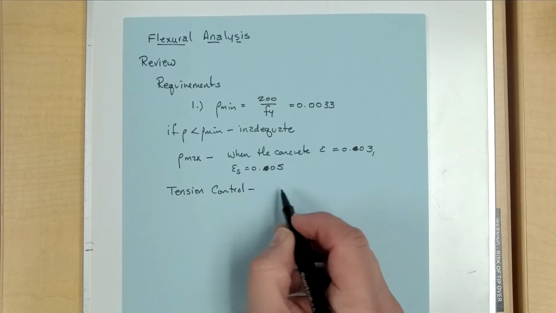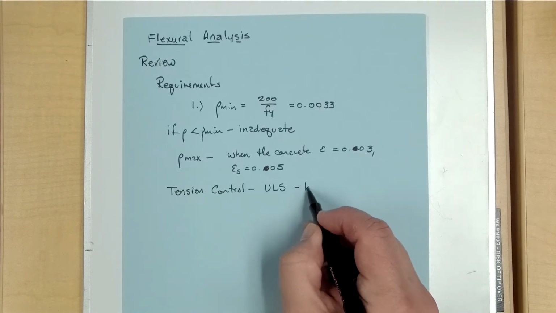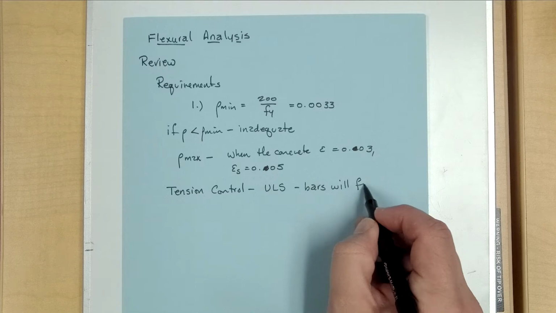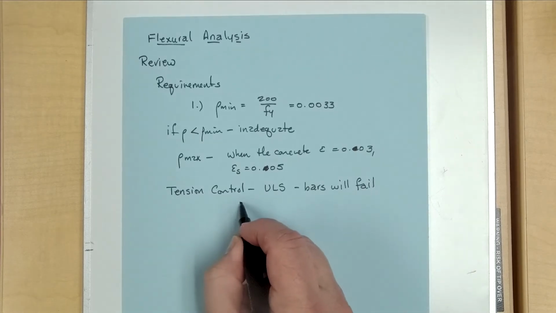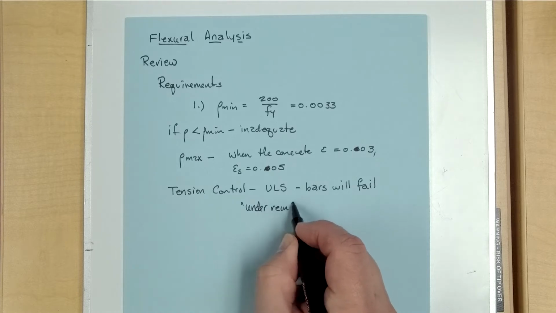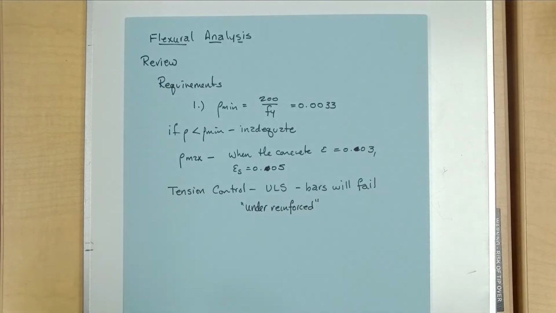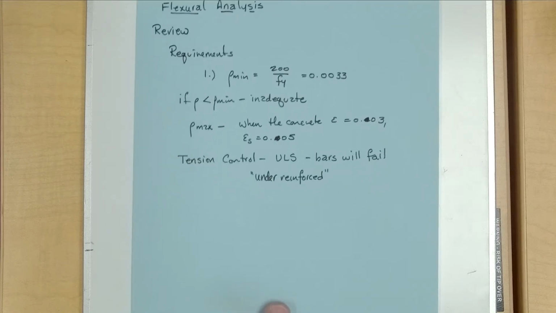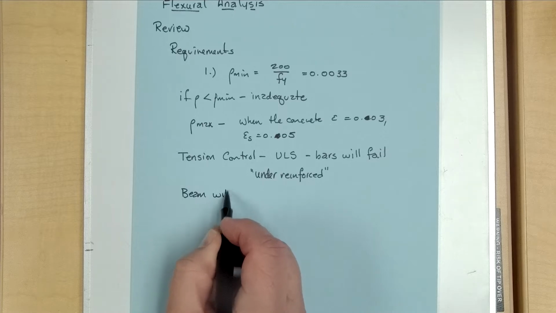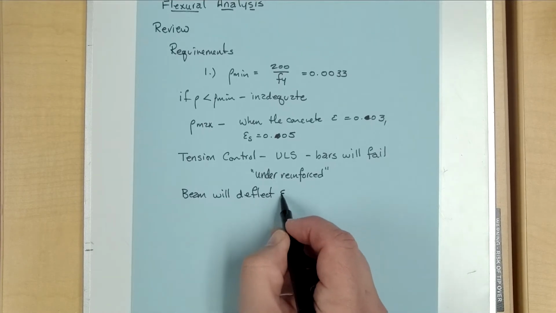And in tension control, the ultimate limit state is the bars will fail. The beam is said to be under reinforced. And we want that limit state because the beam will deflect and crack excessively.